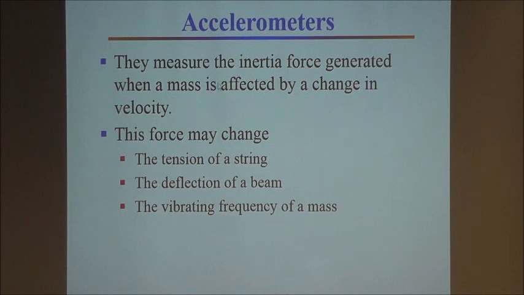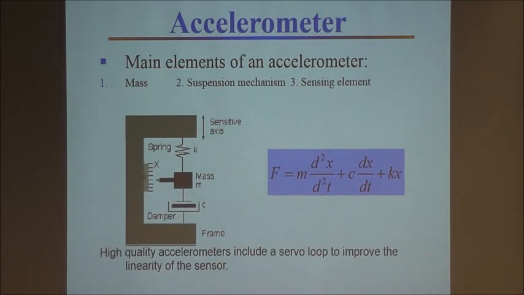More on accelerometers: they measure the inertial force generated when a mass is affected by a change in velocity. And this is what force can do for you. This is how an accelerometer works. You have a sensor which consists of a mass-spring-dashpot combination, shown here in a Newton's equation.